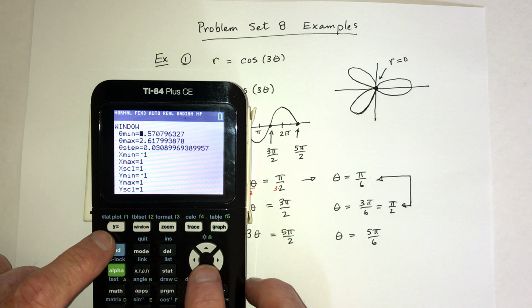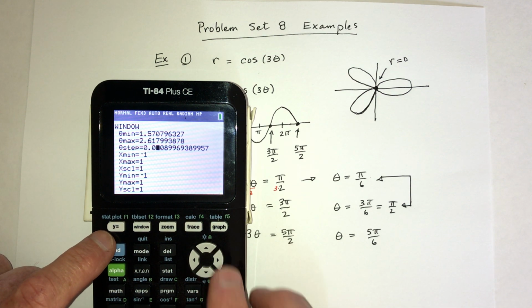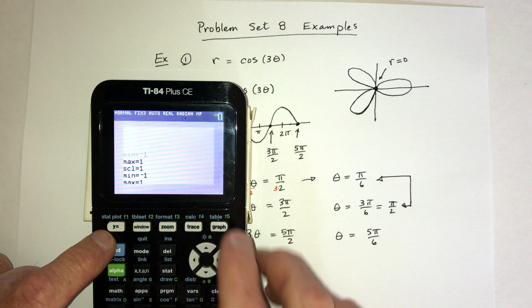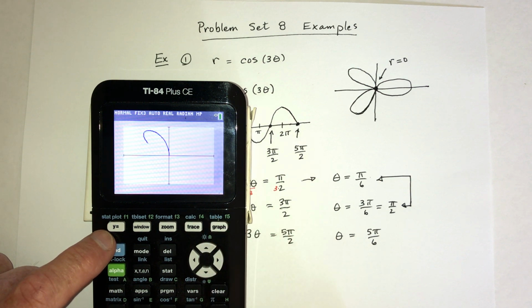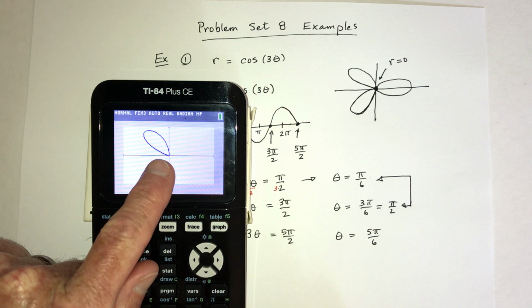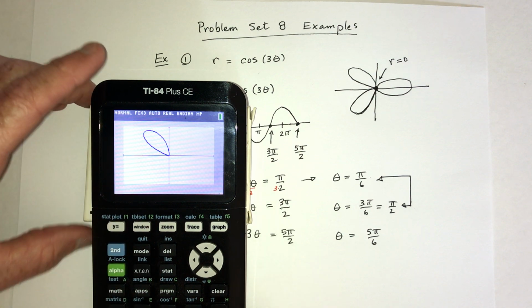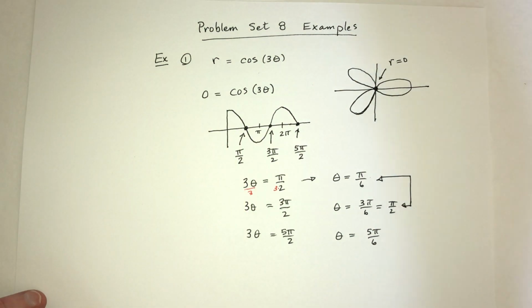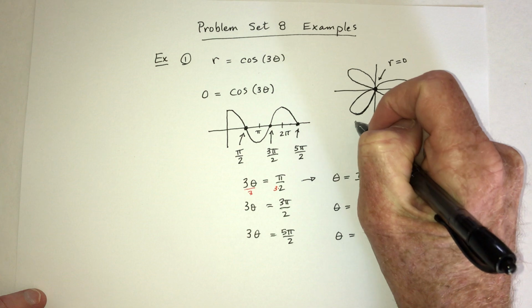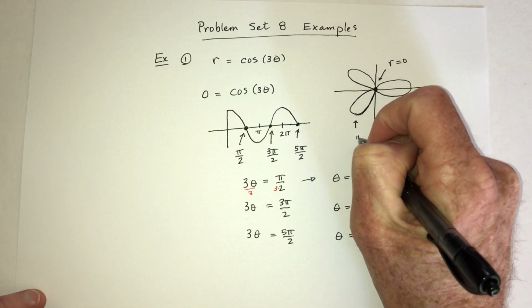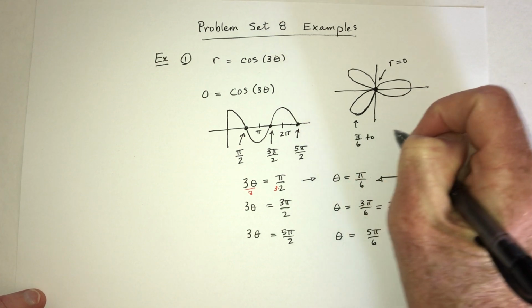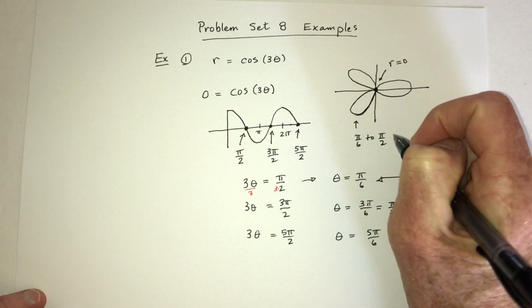If I change this step to be something even smaller, then it's going to graph it more slowly, but then there's no gap. Okay, so for one petal, like this petal was pi over 6 to pi over 2.